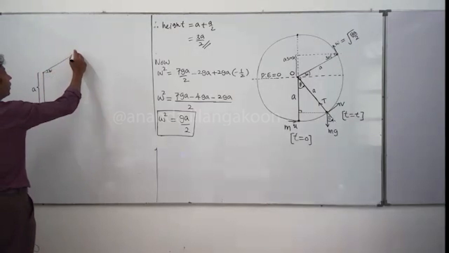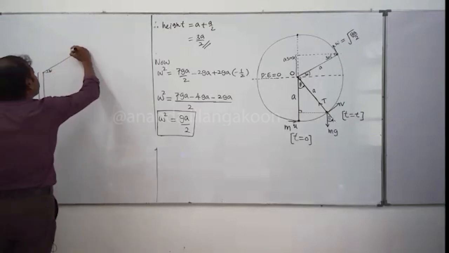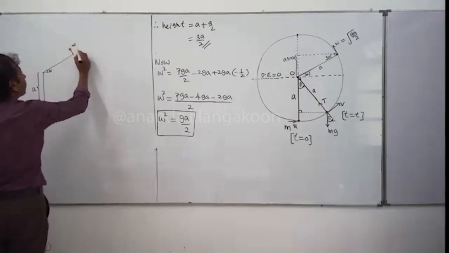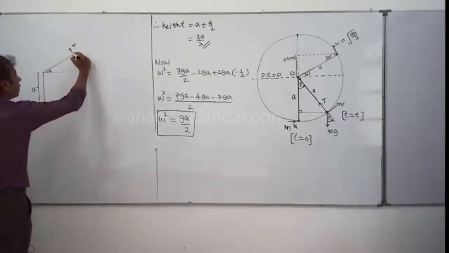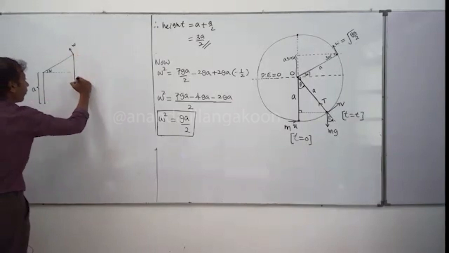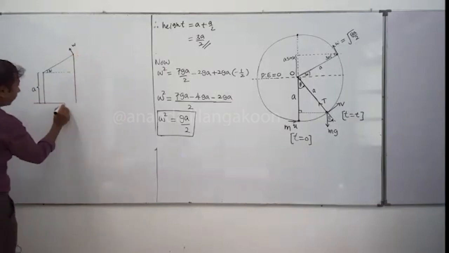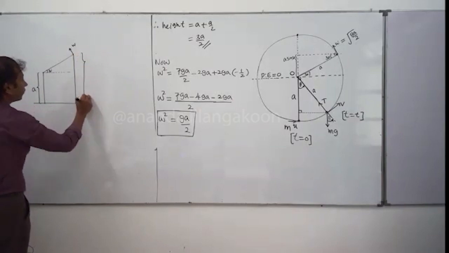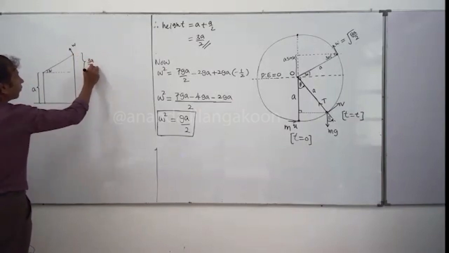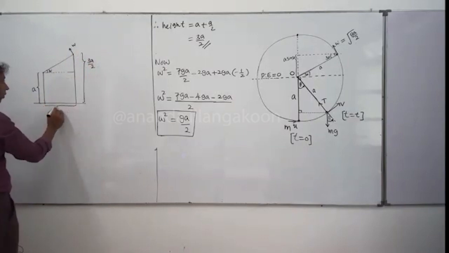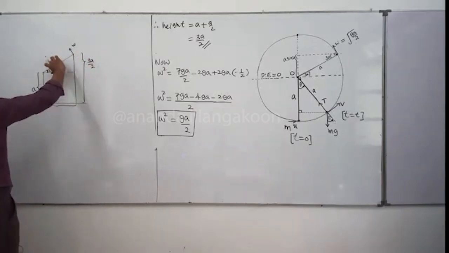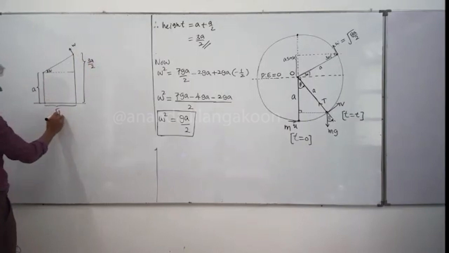Here the particle starts with velocity W, a projectile motion. This height is 3A by 2. This length, what people? This is 30 now. This is A cos 30. Root 3A by 2.